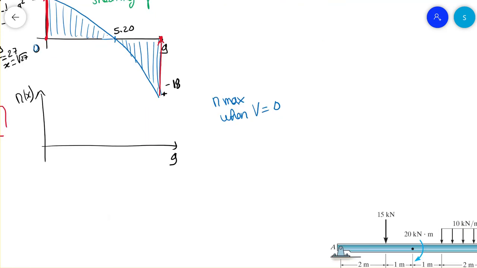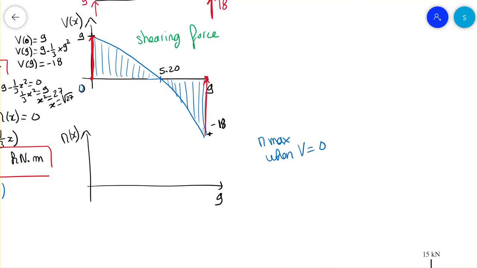So here your moment will be maximum. It begins at 0, it stops at 0. It's maximum when V is positive, V increases, and when V is negative, the moment decreases. And it should look like something like this. Here we go.